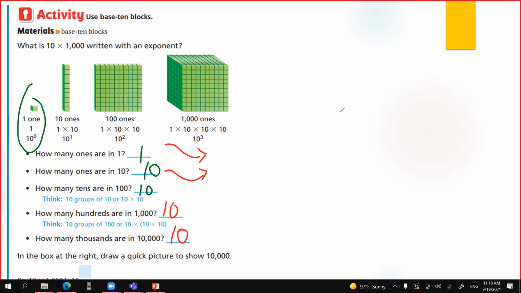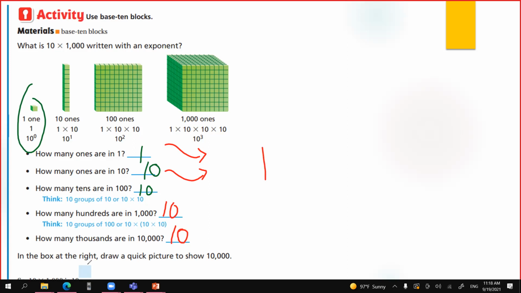We have 10 ones in 10. How many tens are in 100? We have 10. How many hundreds in 1,000? We have 10. How many thousands in 10,000? We have 10.